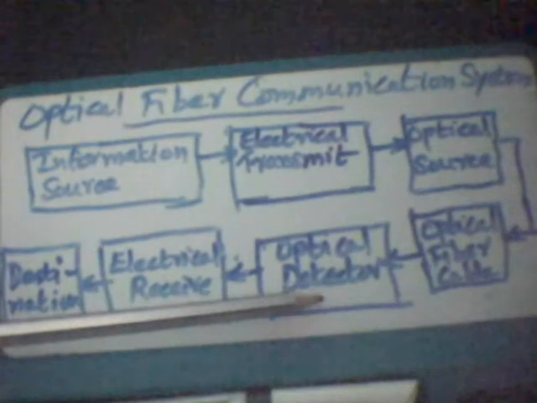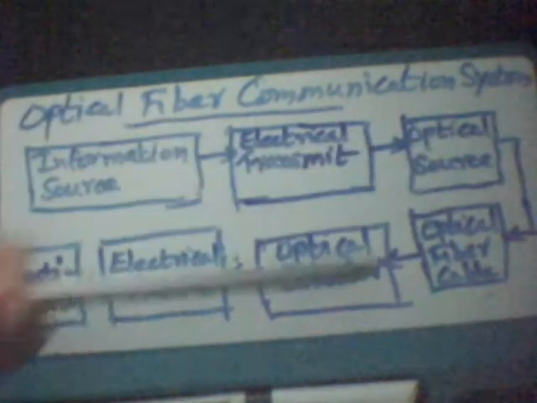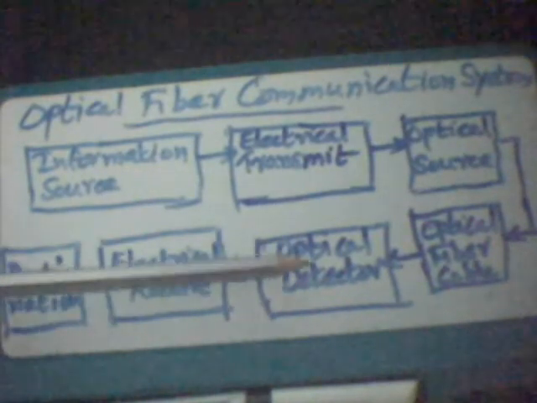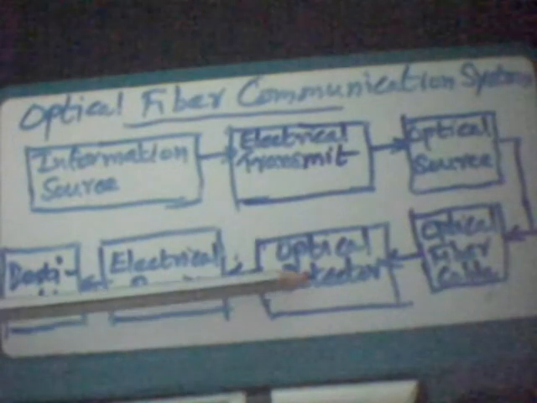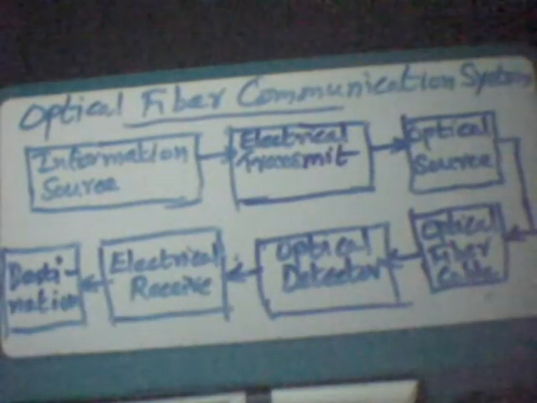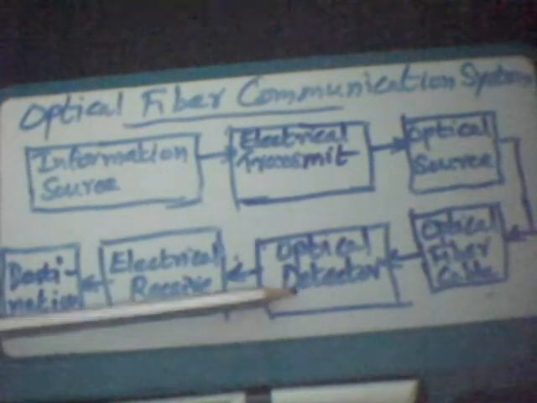to the destination. Here we have the optical detector which converts light back into an electrical signal. The optical detector can be a photodiode such as a PN junction photodiode, pin photodiode, or avalanche photodiode. It can even be phototransistors or photoconductors.